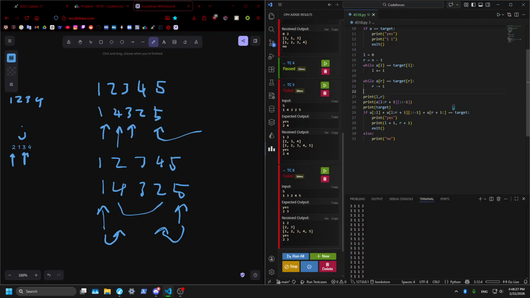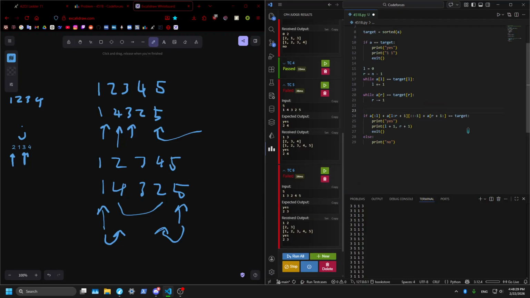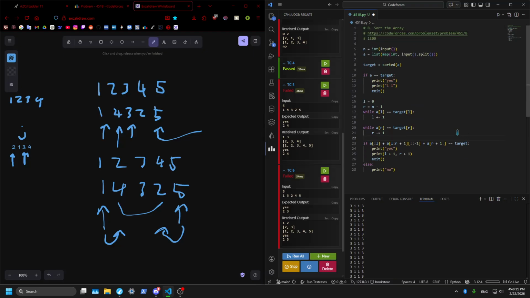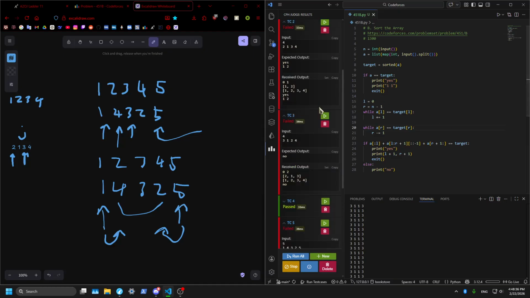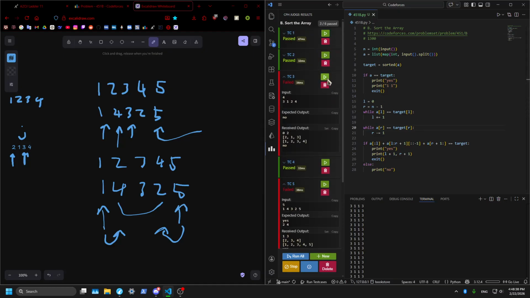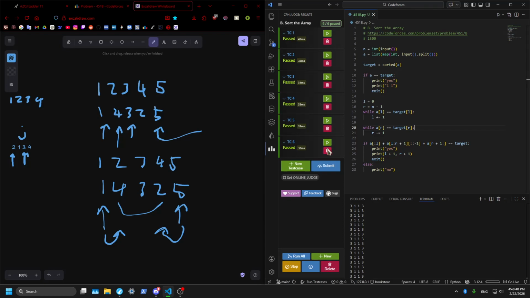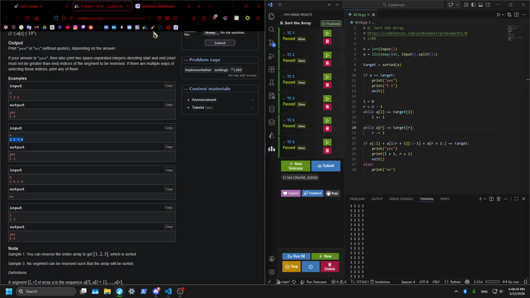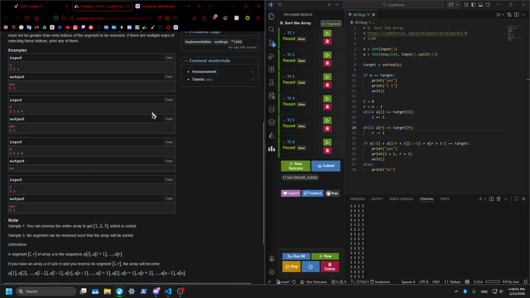Okay. Theoretically, I can remove all of this. This should be the answer. It's O of n. Any weird edge cases?